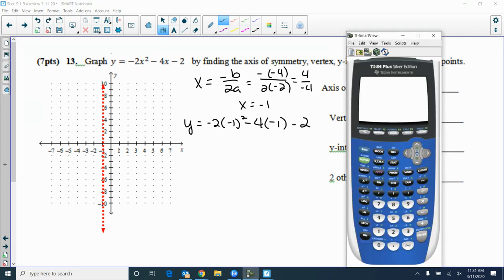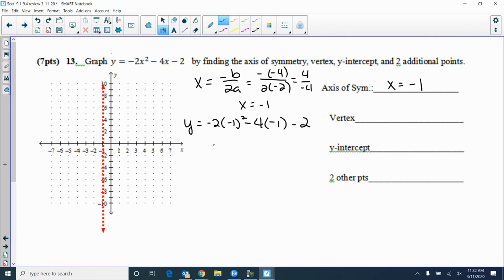All right, the first number right in front of the x is negative 2. Then you have to have parentheses, negative 1, squared. You have a negative 2 in the very front. Minus 4 times negative 1 minus 2, which is 0. Did you figure out what you did wrong? So vertex is negative 1, 0.